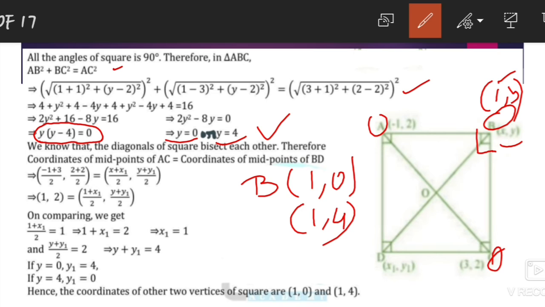Okay, now you know that the diagonals of a square bisect each other. That means this O point will be the midpoint of AC as well as BD.